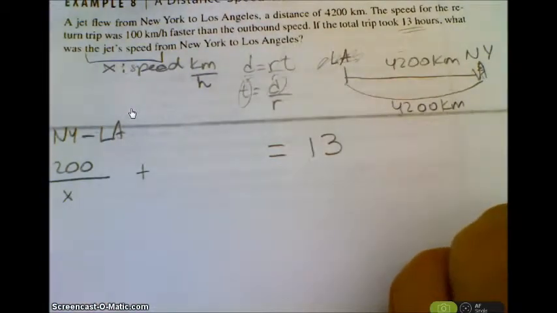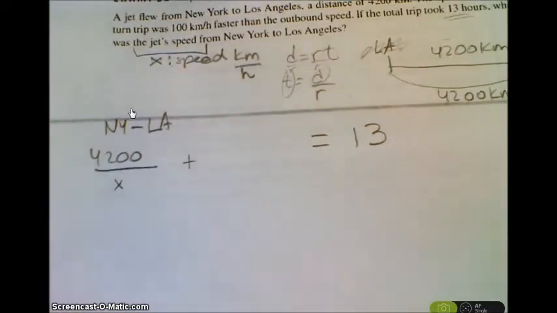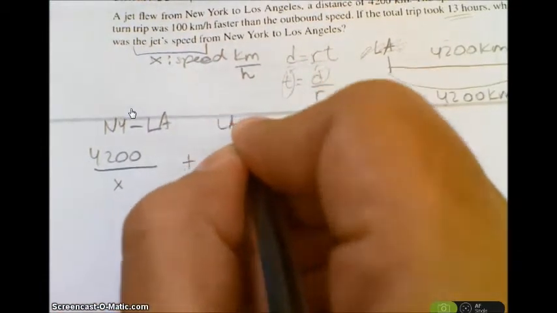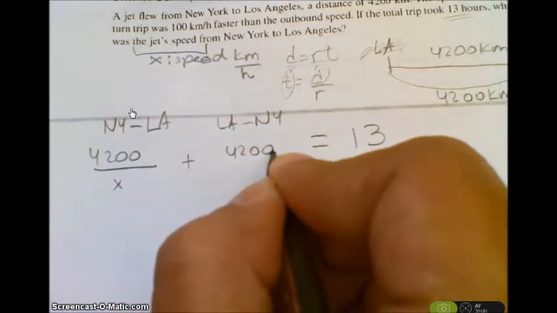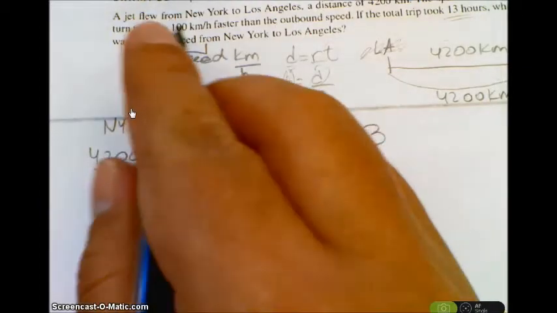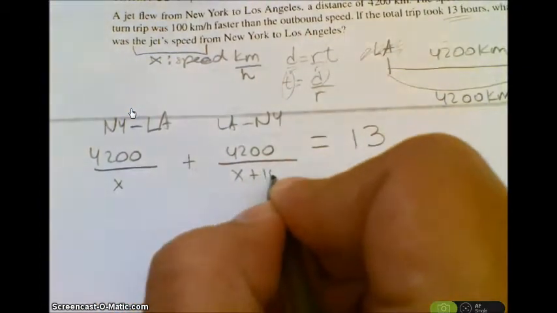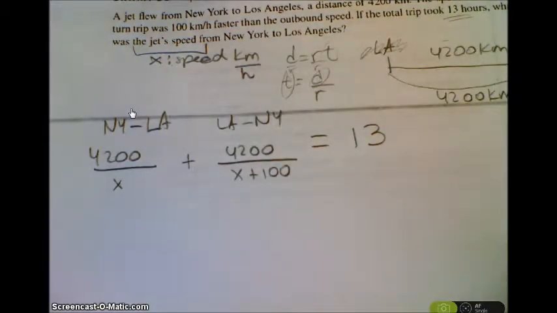And then I'm going to add the trip from LA to New York. And again, I went the same distance, but in this case, the speed was 100 kilometers per hour faster, x plus 100. So that should last 13 hours.